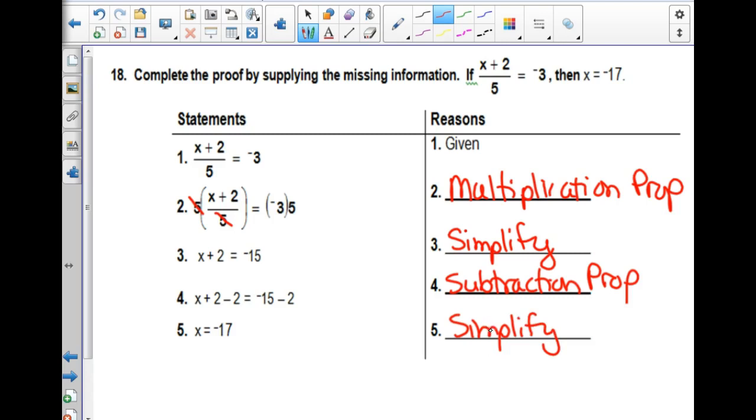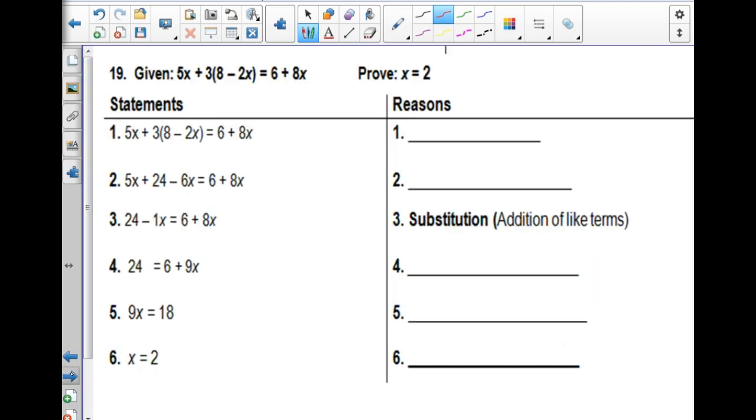Now, sometimes in proof, we don't put in these steps, 2 and 4. We just do it. And then you don't write simplify in there because you're not showing those steps. And I'll explain that difference between this and 19. So if you're looking at 19, they have cut some of the steps out. They didn't show them all, right?